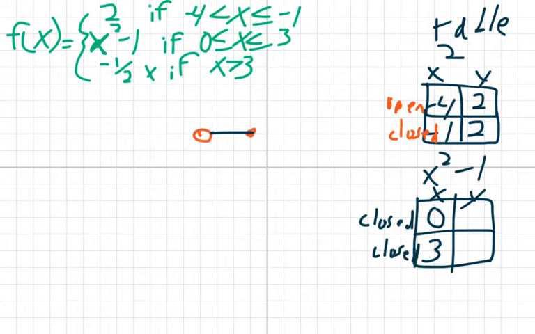And if I plug in 0, 0 squared minus 1 is -1. 3 squared minus 1 is 8, because it's 9 minus 1, which is 8. So then I go 0, -1, that would be down 1. Whoops, it's a closed dot. And then 3, 8.